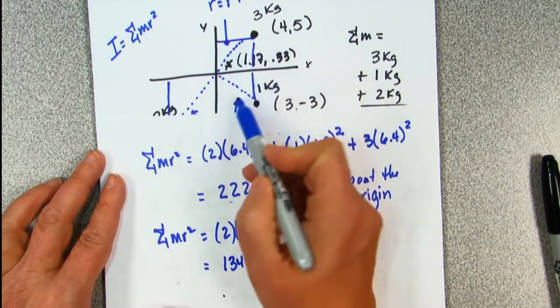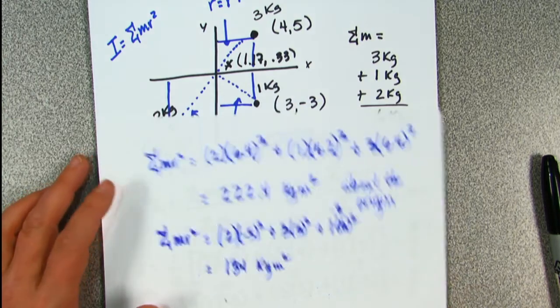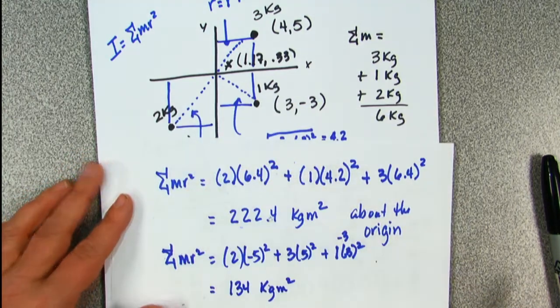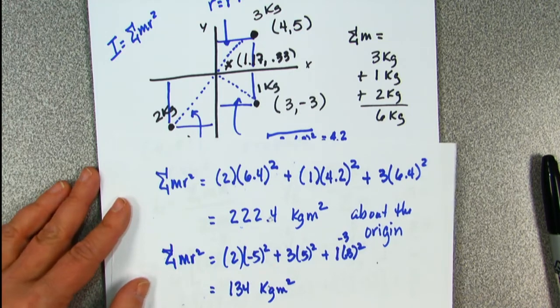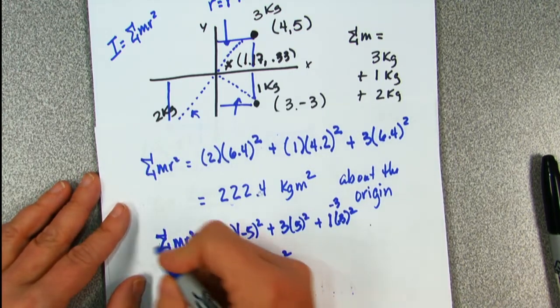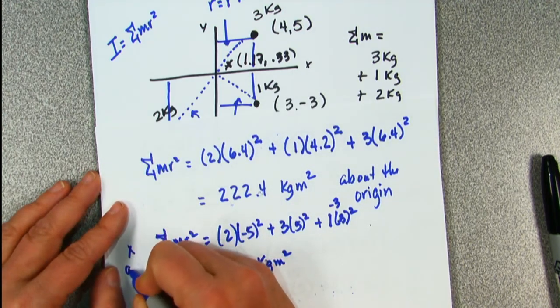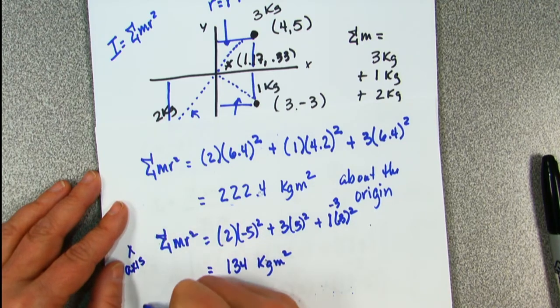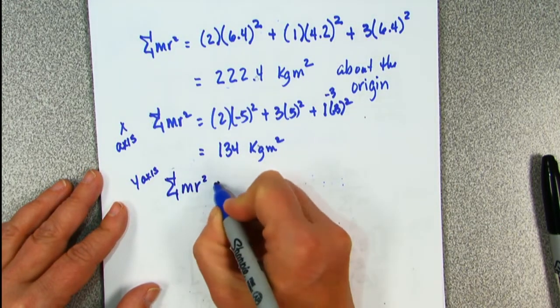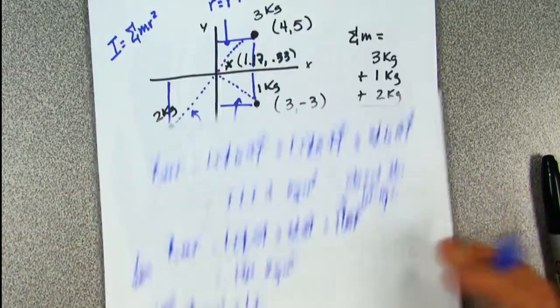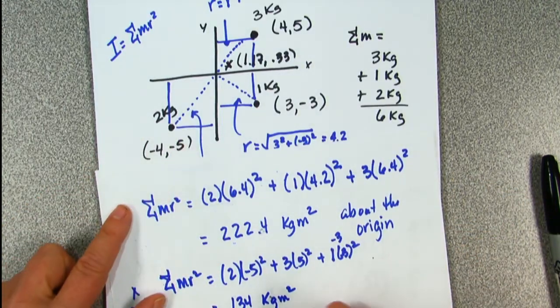I'm going to do it about the y-axis. My r is like that. So if this is about the x-axis, and about the y-axis, it's going to be the sum of the mr squares again. So I'm going to have the 2, except it's at minus 4 this time.